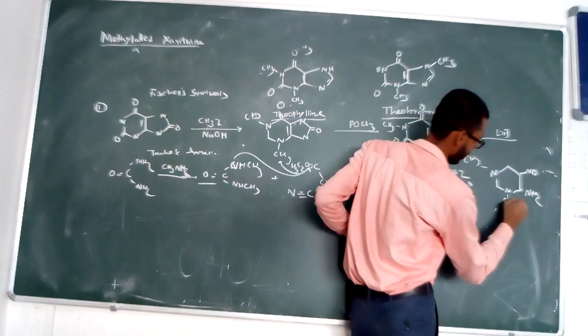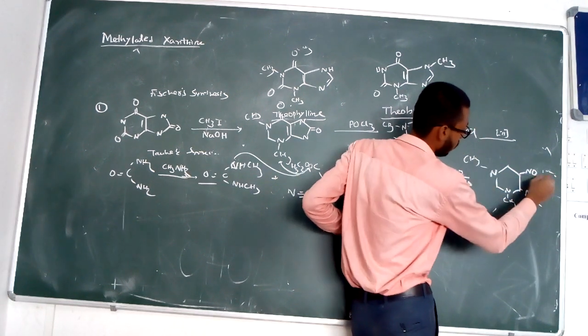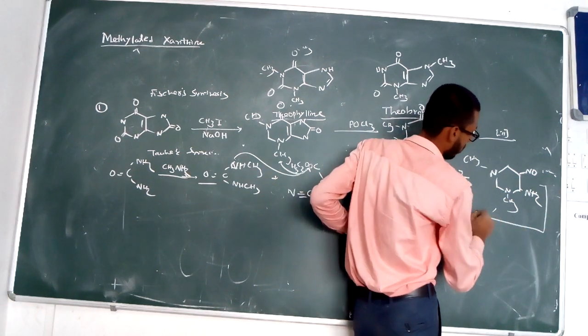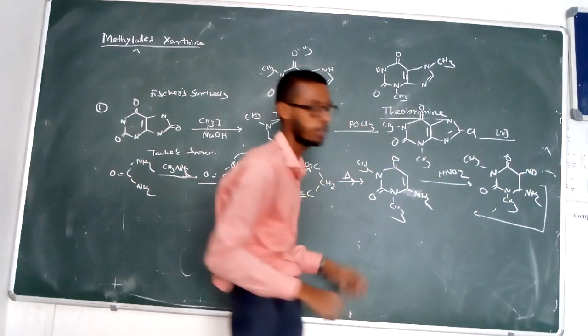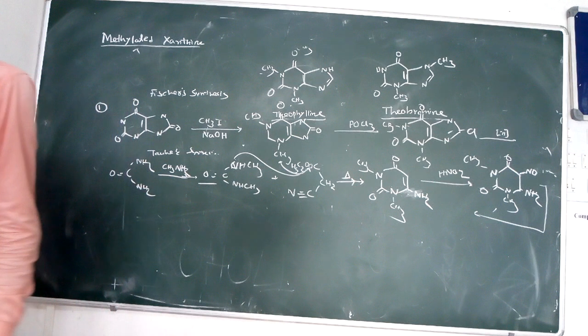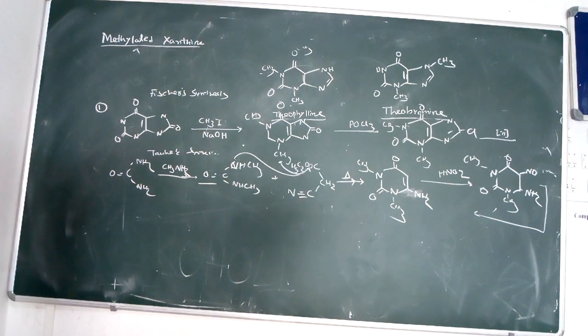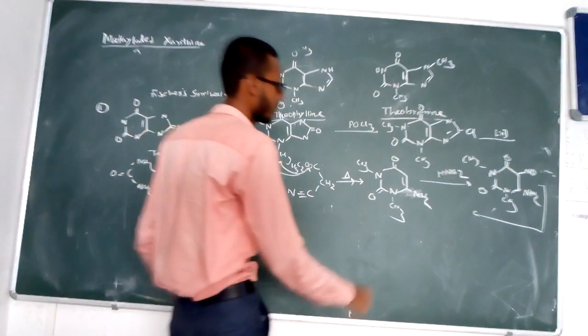So NCH3, NO. This NO is easily converted to NH2 by using zinc H2SO4 or zinc water.